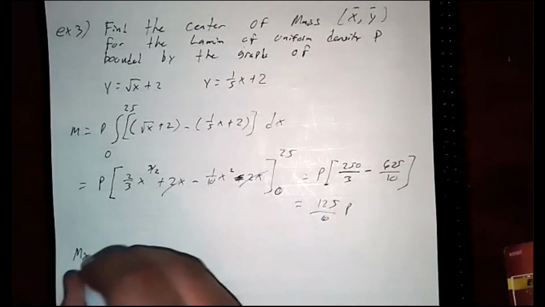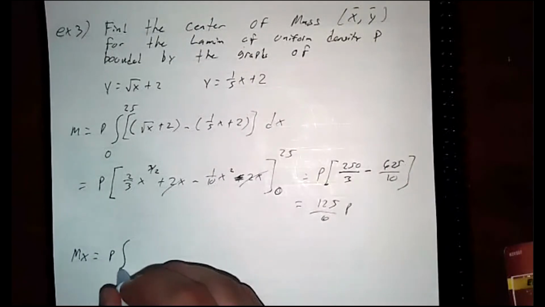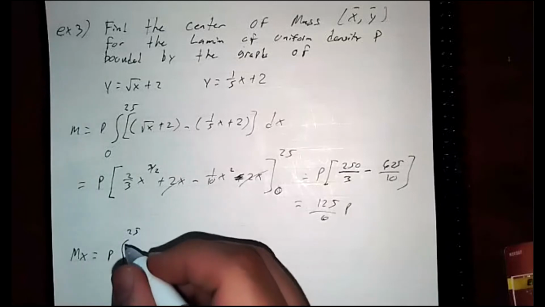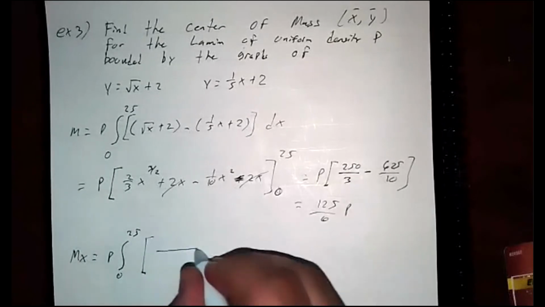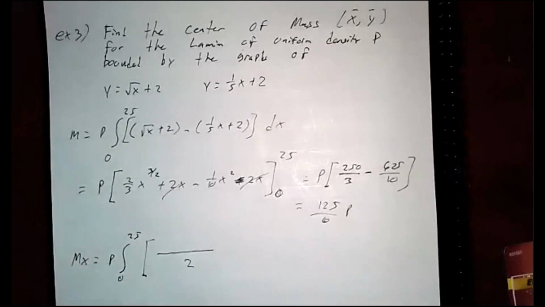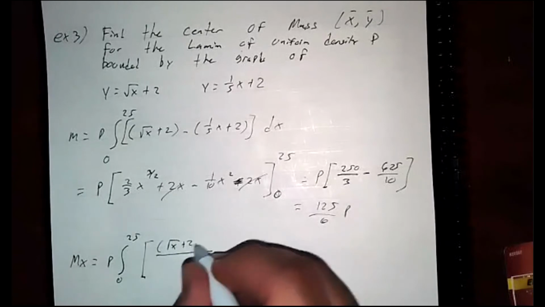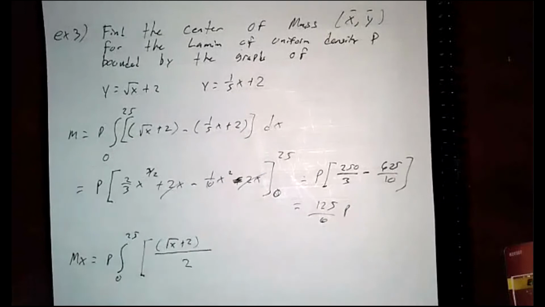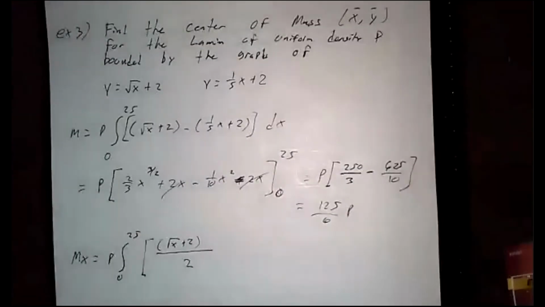So now Mx will be equal to, remember the formula, P times the integral from 0 to 25 of f minus g, right? It was on top. Yeah, it was. Times, well, let me check if it was times or plus. Plus.